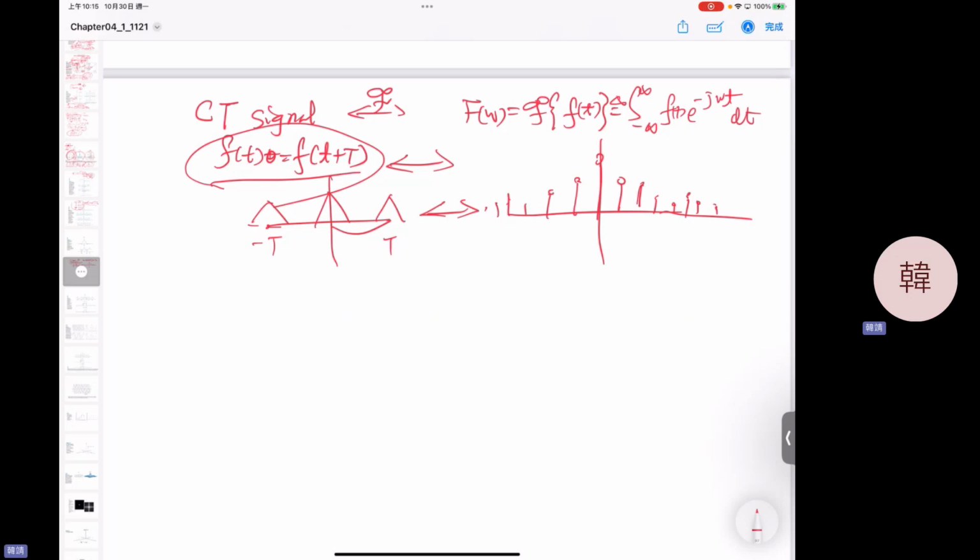This is what we call the fundamental frequency omega 0, then minus omega 0, 2 omega 0, 3 omega 0. If your signal is repeated, in the frequency domain it is represented by a spike spectrum, and every harmonic wave has energy. Very important, so we start with the Fourier series.